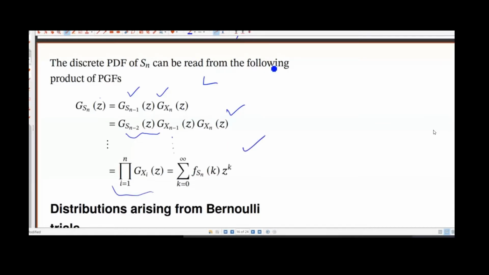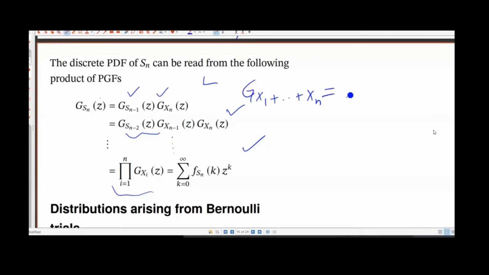So basically the rule of this convolution is that you can have any finite number of random variables, and if they are independent, the PGF of that sum will simply be the product of the individual PGFs.